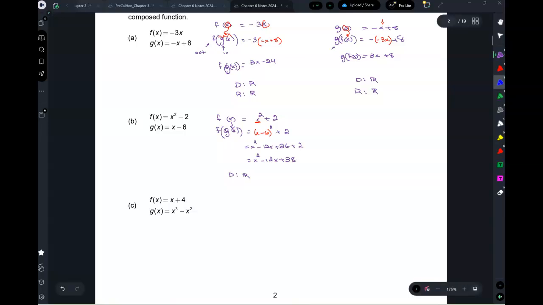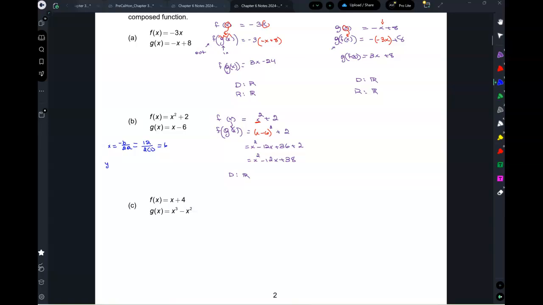Well, I have to find the vertex. Remember? Because if it's a parabola, I need to figure out what the parabola looks like. And so I need to find the vertex. Let's do that. How do we find the vertex? The x-coordinate is negative b over 2a. So that's positive 12 over 2 times 1, 6.